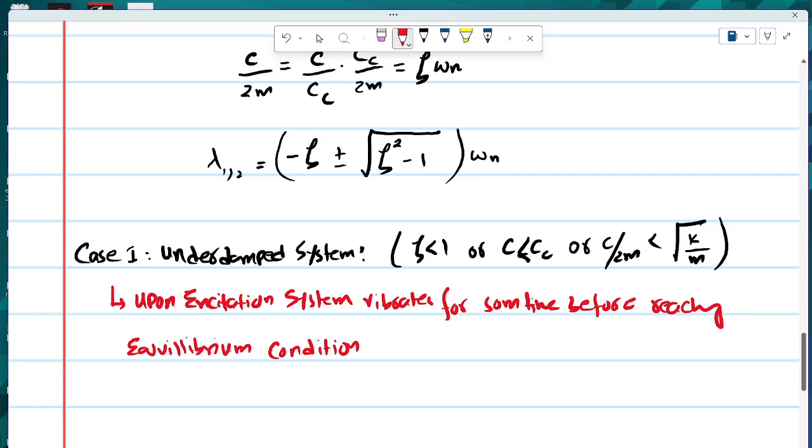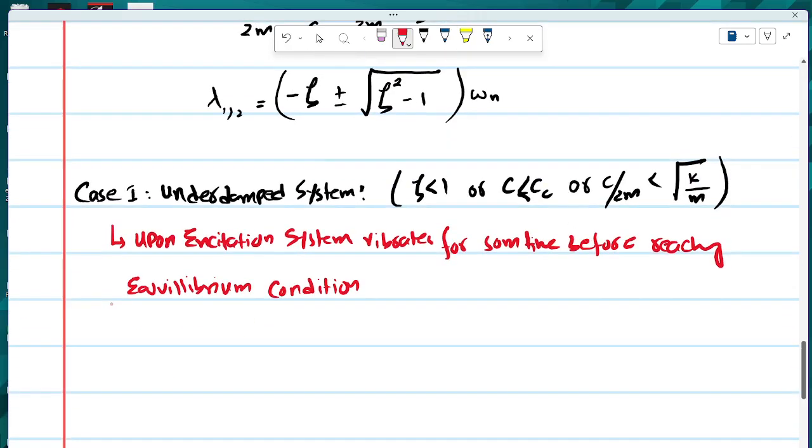Obviously steady state has a broader meaning; not every steady system is in a steady state. So these are the conditions of the underdamped system.